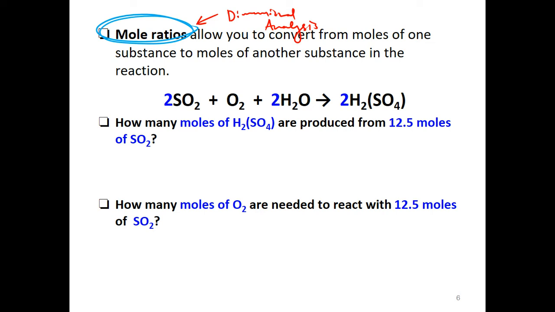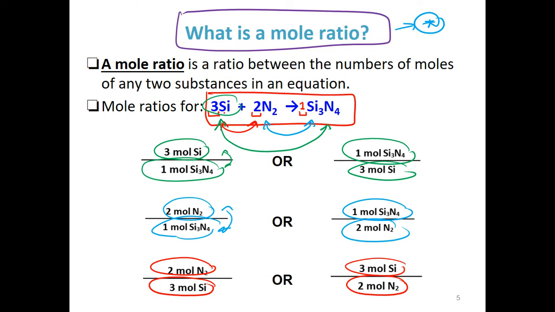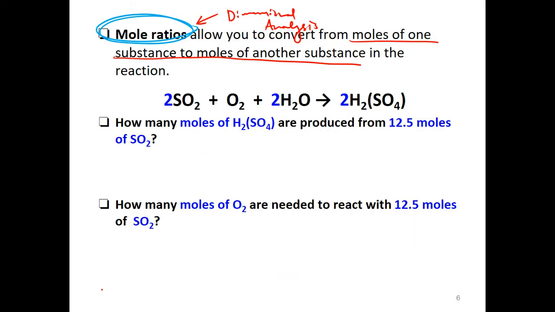Mole ratios are super important. They allow you to go from moles of one thing to moles of another substance. So if I want to go from moles of silicon to moles of the product, I would use a mole ratio and do dimensional analysis to do that.